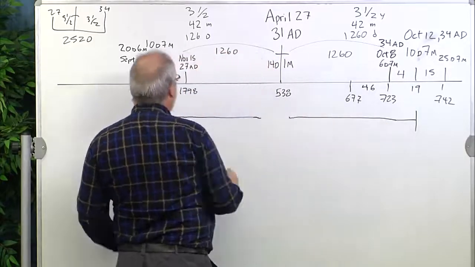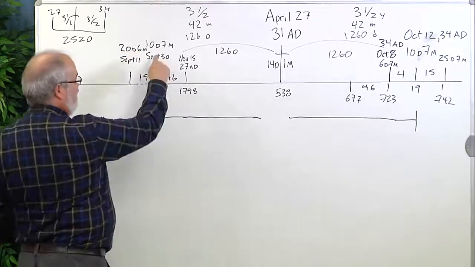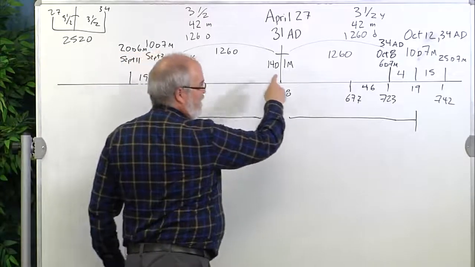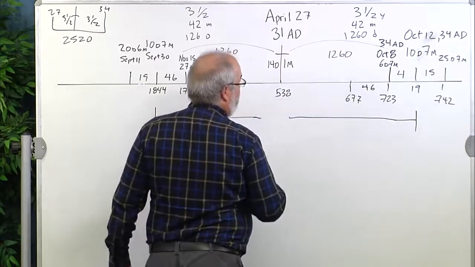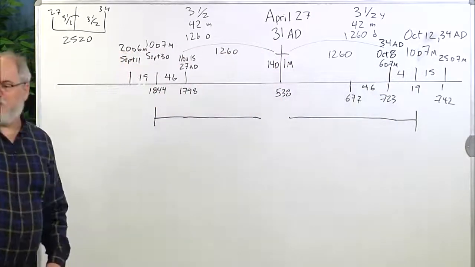you would find that your calendar converter is going to count this as 0 and this as the final number. So let me show you what's happening.